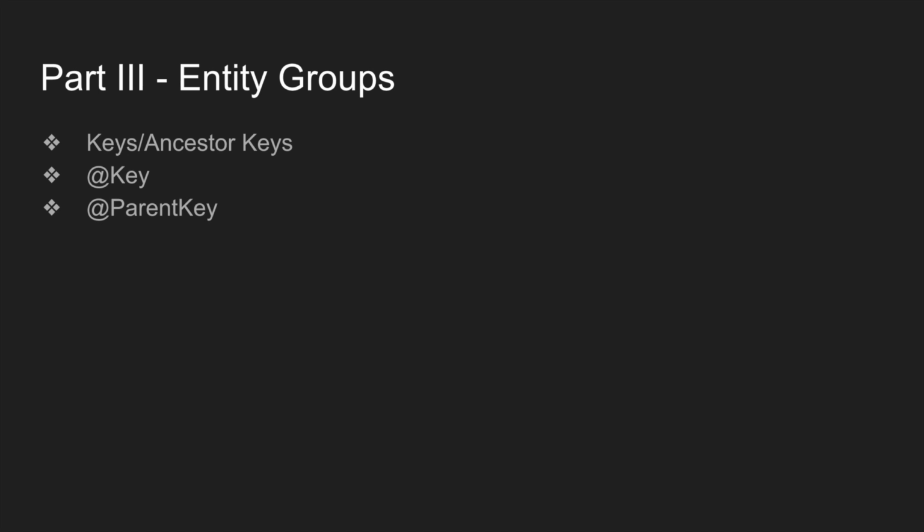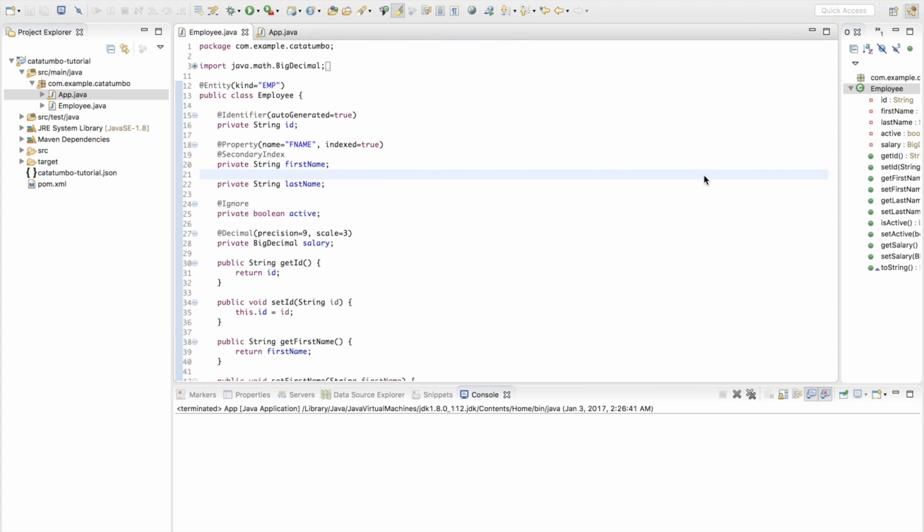So the entity groups and ancestor keys are pretty much similar or the same. Ancestor keys are what form the entity groups. In the last example, let's go back to our last example. We created an employee entity.